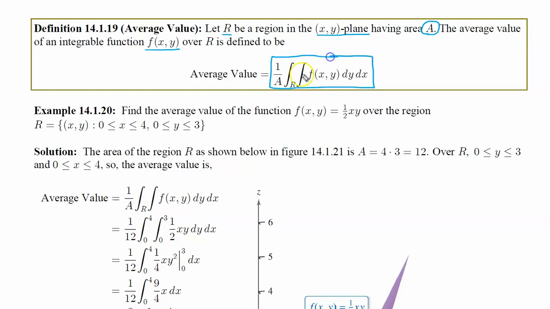So you see, once again, it's just our double integral over R of f of xy, and we multiply by 1 over the area of the region R that we're integrating. This A right here, the area of the region R, is playing the role of the b minus a that we had seen in Calculus 1 for the average value of a function of a single independent variable. And so that's it. And let's take a look at an example.